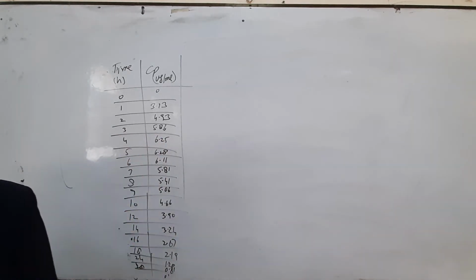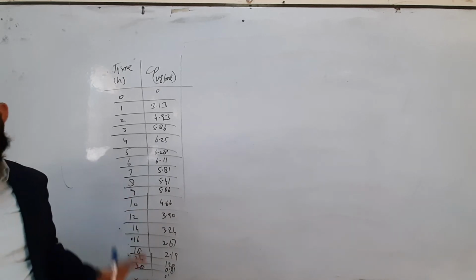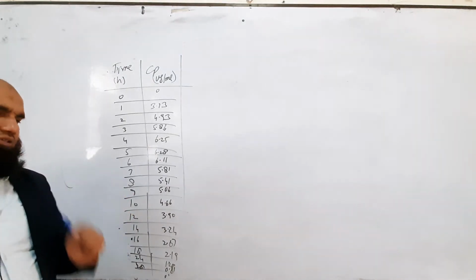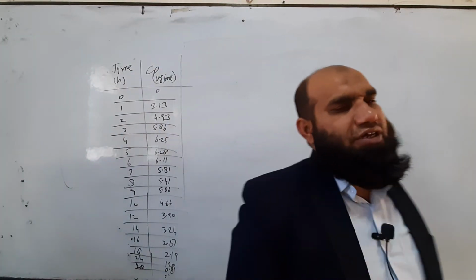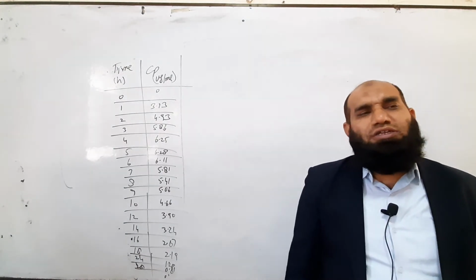Now we have the data only, and the question is: calculate the absorption rate constant. How? By using the Wagner-Nelson method. First of all, we will see our equation.